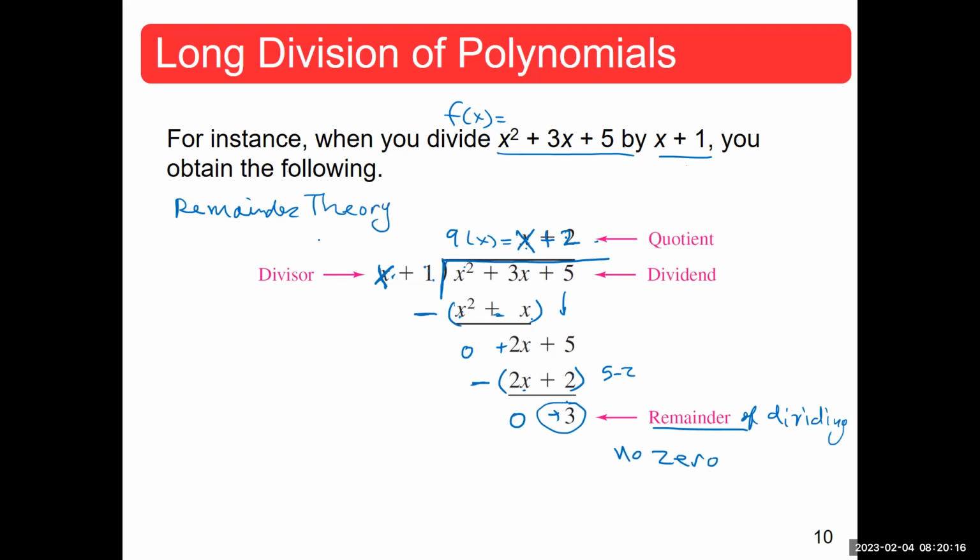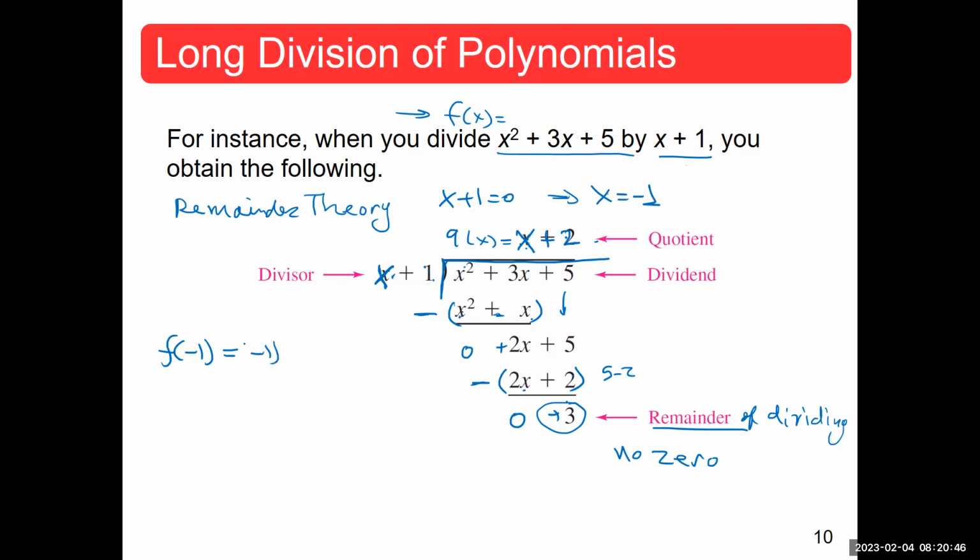Well, as I said, because I'm dividing by x plus 1, if I say x plus 1 equals 0, that will lead to x equals negative 1. Plug back into this function, f of negative 1, and see what happens.